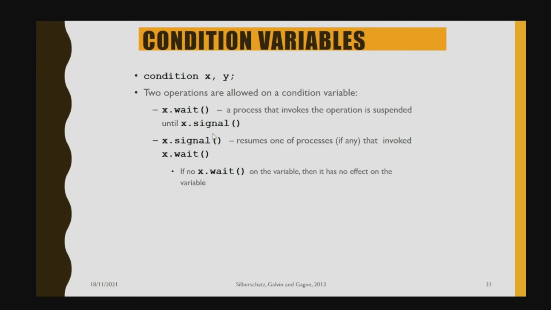So we have the waiting part, and then the x.signal function resumes one process, if any, that invoked x.wait. This one is to wait, and this one is to execute. If there is no x.wait on the variable, then x.signal has no effect on the variable. So we use the conditions x and y here.